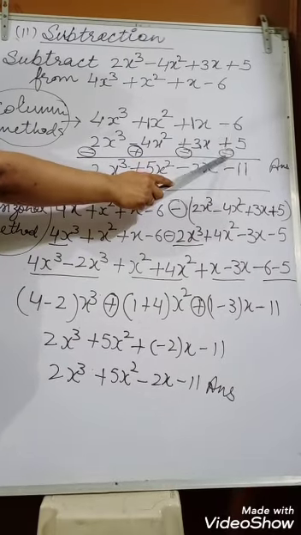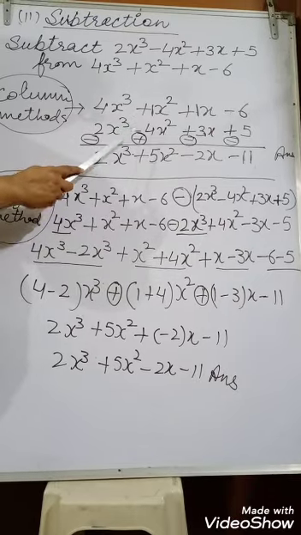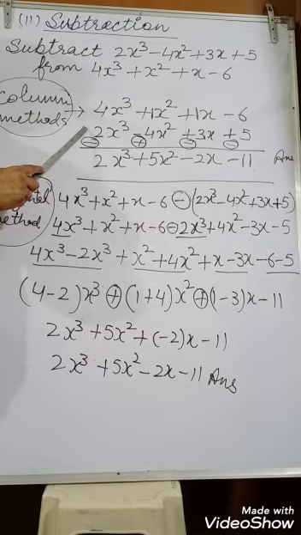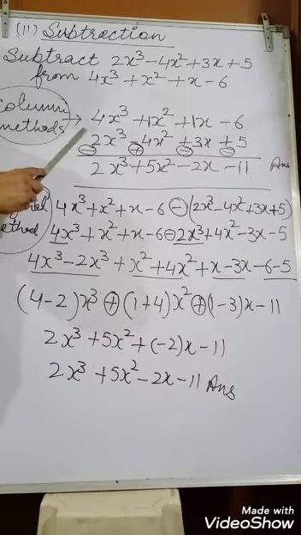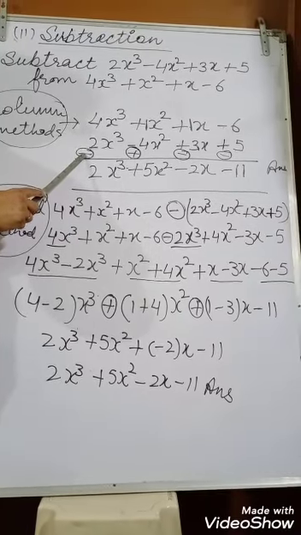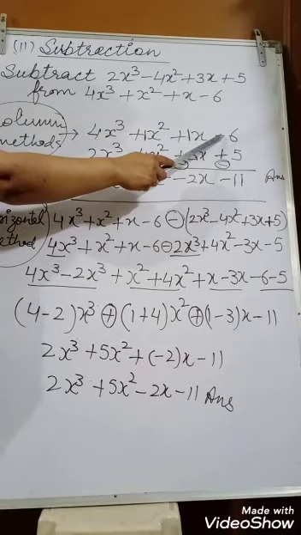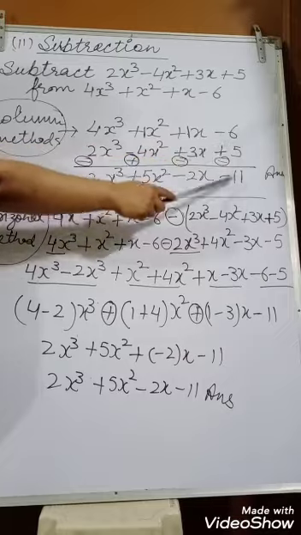Plus 5 will become minus 5, plus 3x will become minus 3x, minus 4x square will become plus 4x square, and 2x cube has no sign, so it is considered positive, and it will become minus 2x cube now.